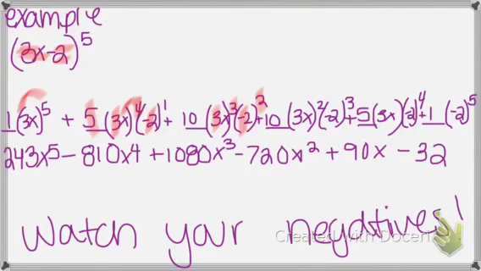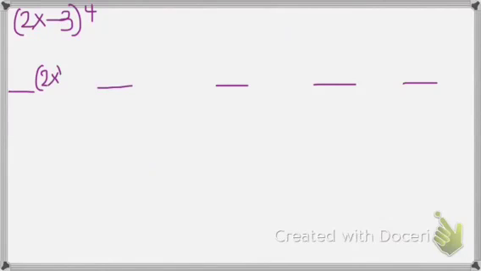So here's an example where we didn't FOIL it out and we used our pattern. Let's just try one more together. So (2x - 3) to the 4th. I'm going to have 5 blanks. I have my a and my b term. My a term is my 2x. My b term is -3.